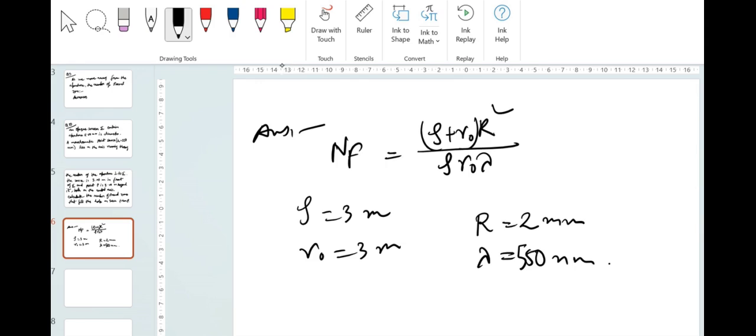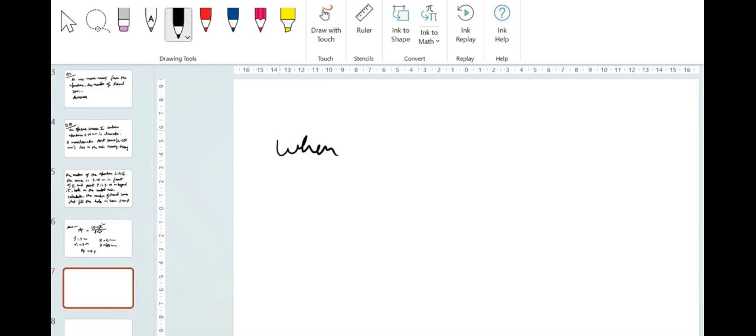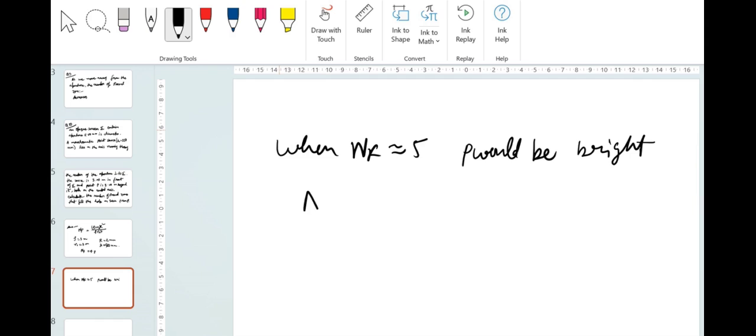Putting all of this in, NF becomes 4.8. If N were 5 zones, then P would be a bright spot. Here NF is 4.8, so it would be a fairly bright spot.